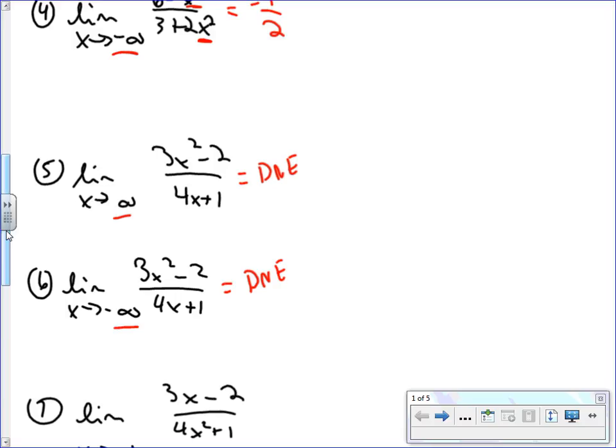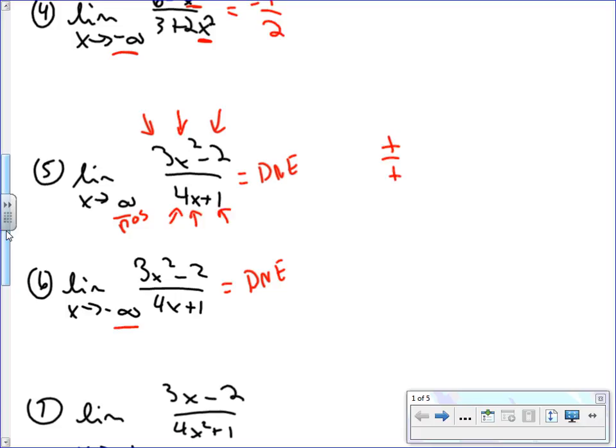You can try to think of just the sign of your numerator and the sign of your denominator. I think this works most of the time. Every once in a while I run into a little trouble with it. But in example 5, I'm plugging in a large positive number. I'm squaring it, it will still be positive. Multiplying it times 3 and subtracting 2, it will still be positive. In the denominator, I'm plugging in a large positive number, multiplying it by 4, still positive, adding 1, still positive.